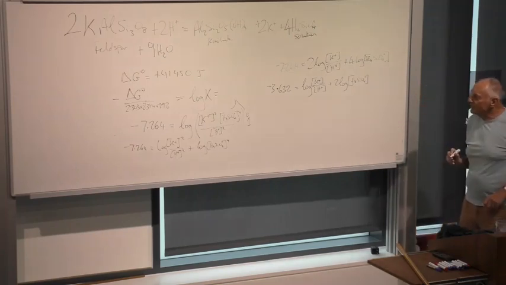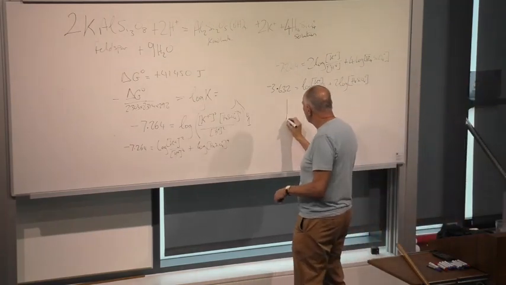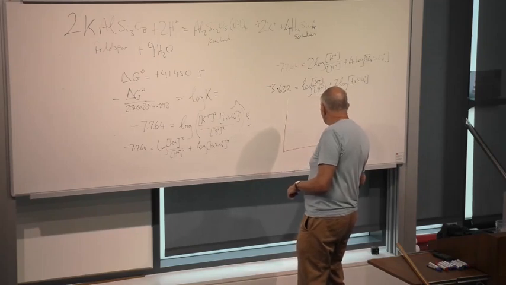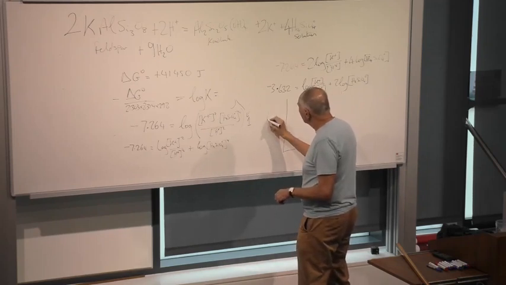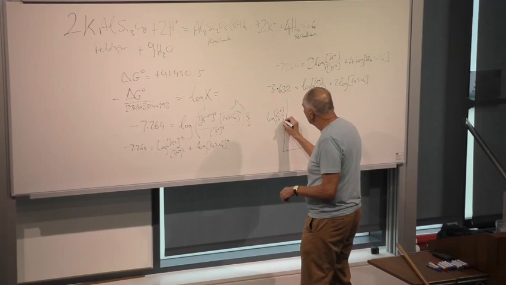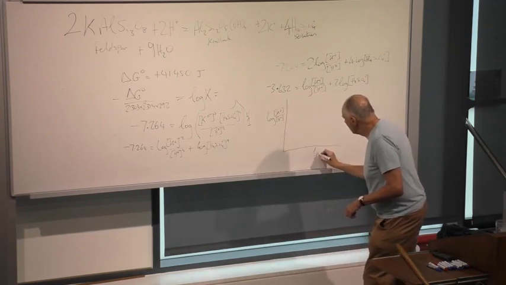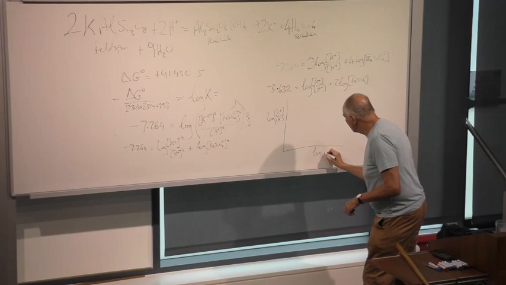So we can plot a diagram of log K plus over H plus against log H4SiO4.